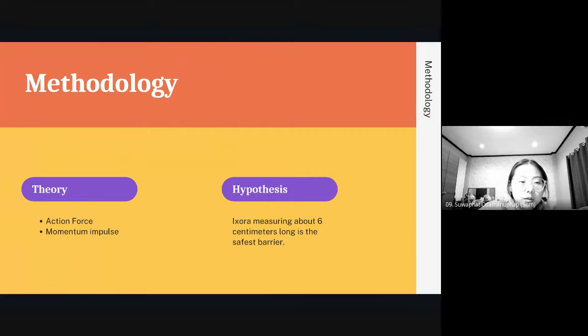Now is the methodology. The theory that we use is the action force and momentum impulse. And the hypothesis is Ixora measuring about 6 centimeters long is the safest barrier compared to Eucalyptus, Cape Jasmine, and the plastic barrier.